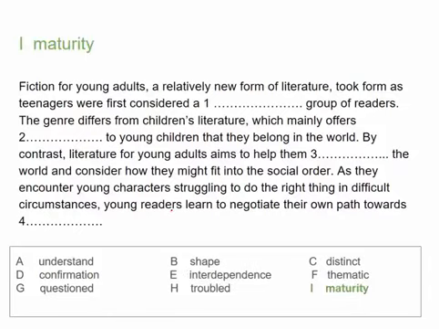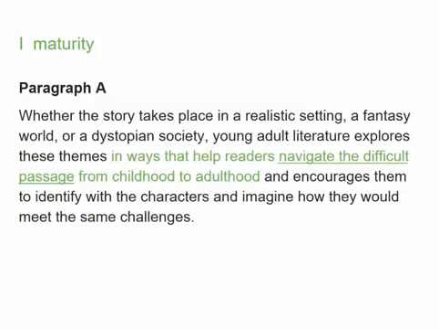So the best answer for this one, the thing that teenagers are navigating towards, at least in the idea that was mentioned in the passage, is that they're trying to negotiate or find their way or find their own path towards maturity, being mature, being an adult, okay? So that idea comes from here, the middle section here in green. So it says young adult literature explores these themes, okay, in ways that help readers navigate the difficult passage.